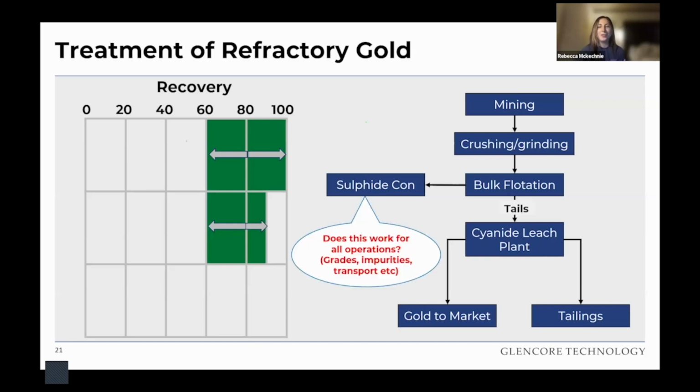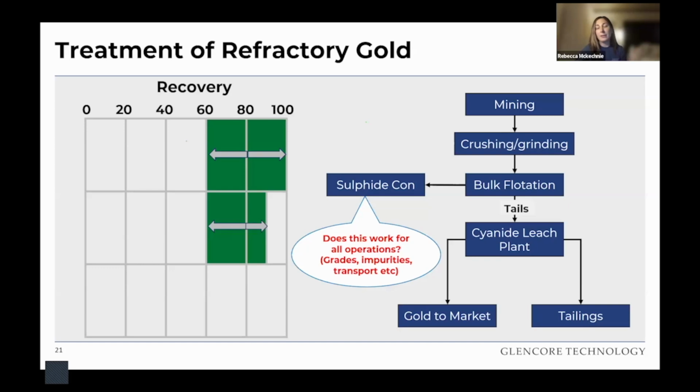But is the opportunity to produce and sell concentrate suited to every operation? Unfortunately not. As we know, there are a number of factors that will affect whether a site can actually produce a concentrate, including whether a saleable grade can even be achieved in the first place, and potential impurities that might restrict the sale of a concentrate, arsenic being one that we're seeing quite frequently now.